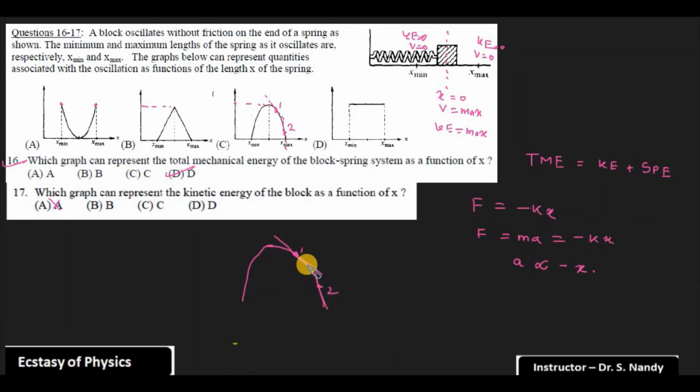Since the gradient of the velocity-time graph represents the acceleration, with respect to the mean position the acceleration is higher at the extreme position as compared to the mean position. So from there we can conclude that the kinetic energy graph would be represented by C.